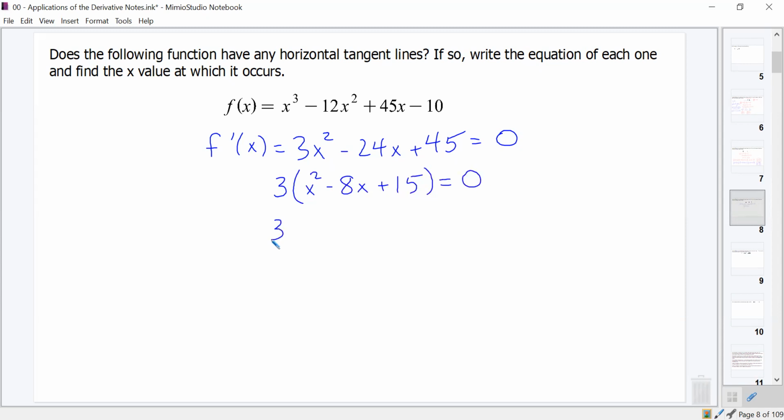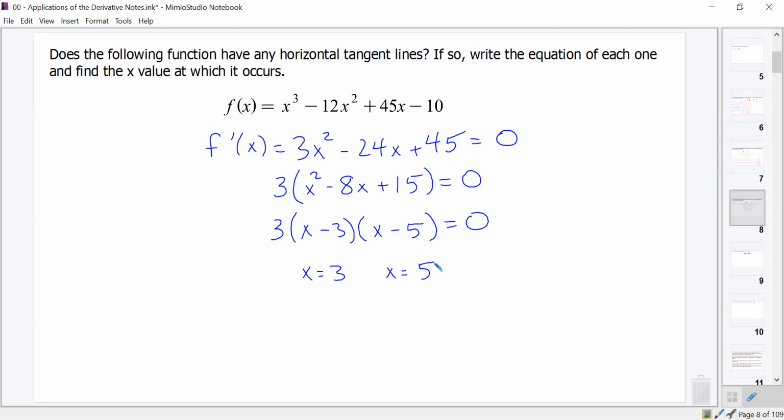And again, that'll just factor real nicely to (x minus 3)(x minus 5). And so we'll again use the zero product property. X minus 3 will yield x equals 3, and x minus 5 gives us x equals 5 as the locations of our horizontal tangent lines.